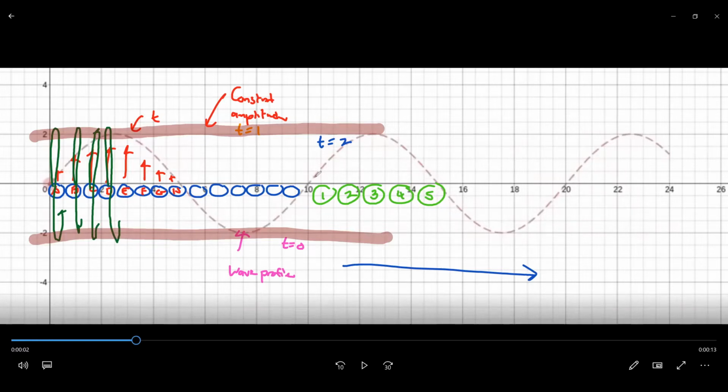Let's say right now at this particular wave profile, at this instant of time, say maybe t equals 1 second, I notice that at t equals 1 second, particles 1, 2, 3, 4, 5 have all displaced according to these positions here. Particle 1 here, particle 2 here, particle 3, particle 4, particle 5.